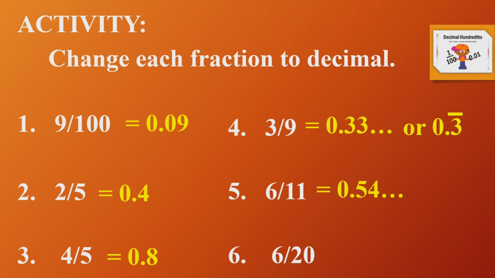Again, that is a repeating decimal, 0.54, and then write again 3 dots or ellipses or a vinculum above 54. Number 6, 6 over 20. The answer is 0.3. Okay? I hope you get the correct answer, class.